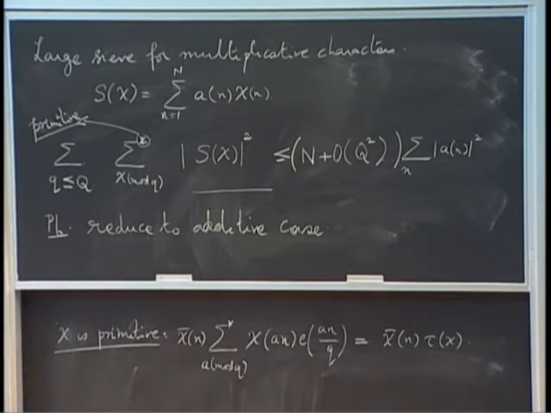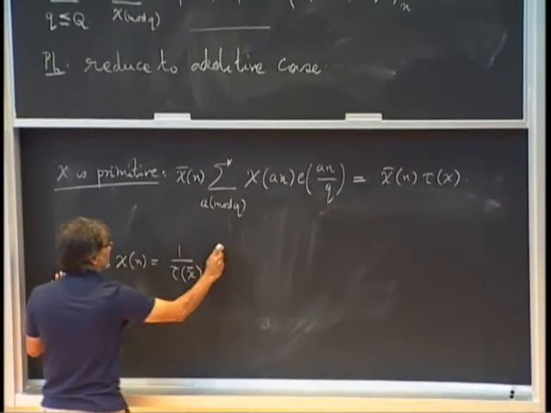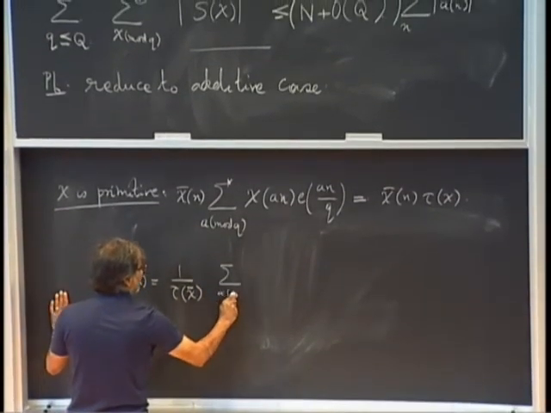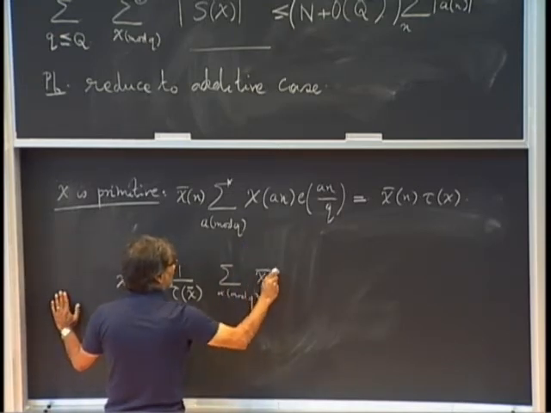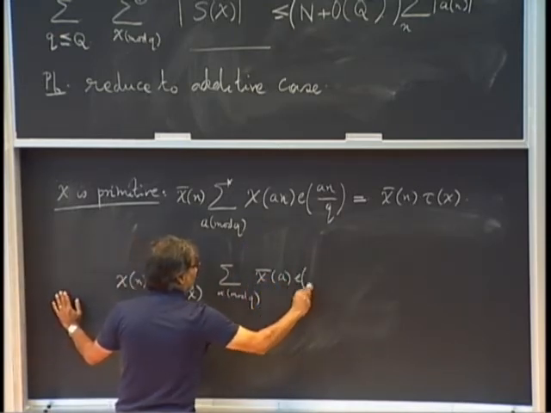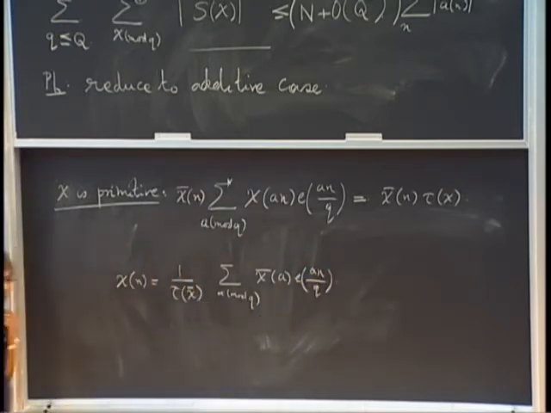Okay? So if I rearrange this a little bit, and take complex conjugates everywhere, then chi of n is 1 over tau of chi bar times the sum over a mod q, chi bar of a e of a n over q. What did Demetrius call this?